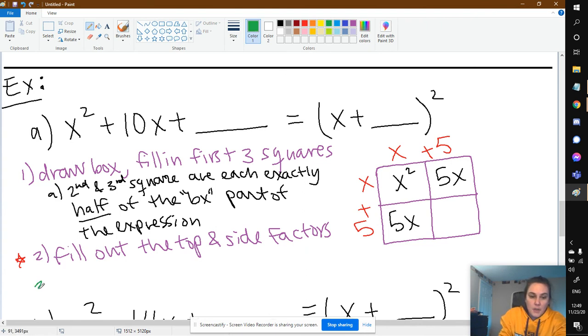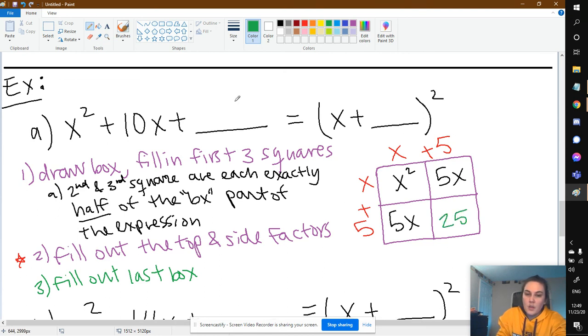And then our third step will be to fill out the last box by multiplying those 2 things. So 5 times 5 is 25. And this last box is what we'll put here. So this space is filled in by the last box. This space is filled in by the factors.